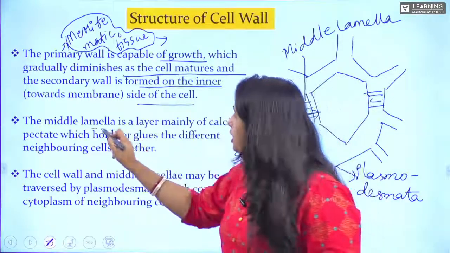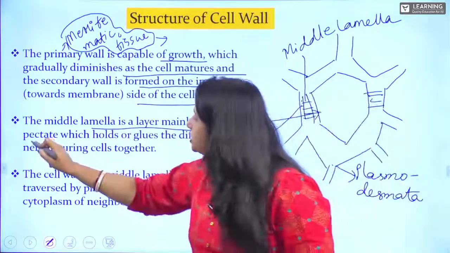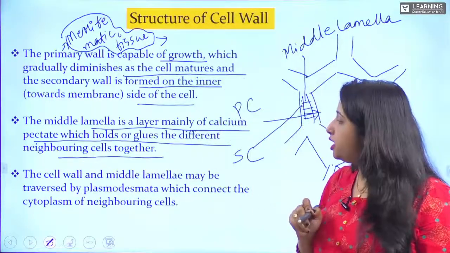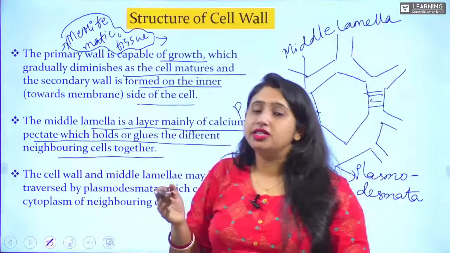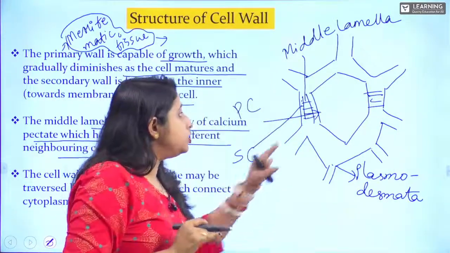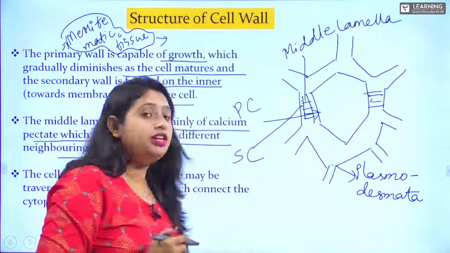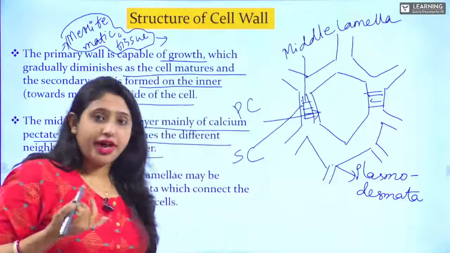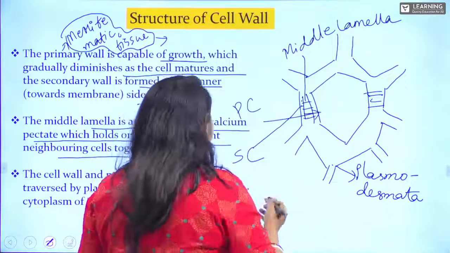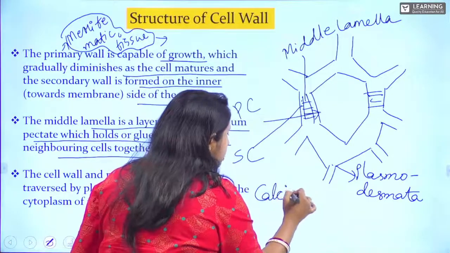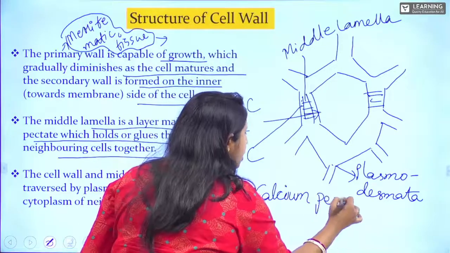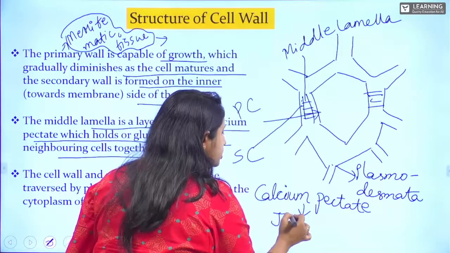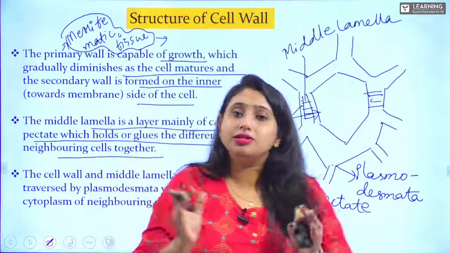So the middle lamella is a layer mainly of calcium pectate which holds the different neighboring cells together, okay? So the middle lamella is basically holding the cells. As you can see, this portion is the middle lamella. It is made up of calcium and magnesium pectate, which joins the cells and holds the cells, okay?